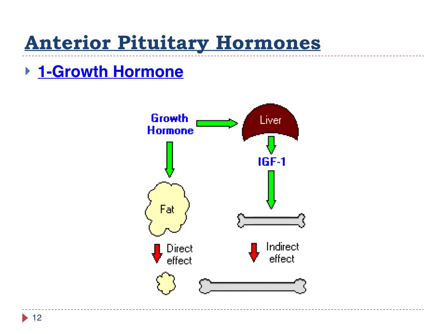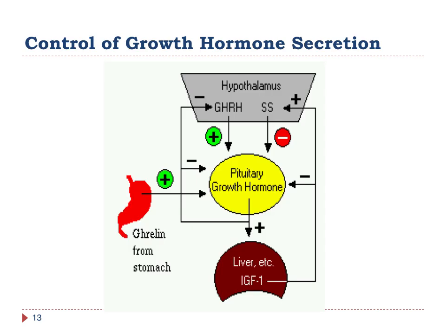Let's come to the control of growth hormone secretion. Notice, this is the axis of growth hormone secretion: growth hormone releasing hormone is secreted from the hypothalamus and stimulates the secretion of growth hormone from the pituitary gland, as you can see. The pituitary then secretes growth hormone.